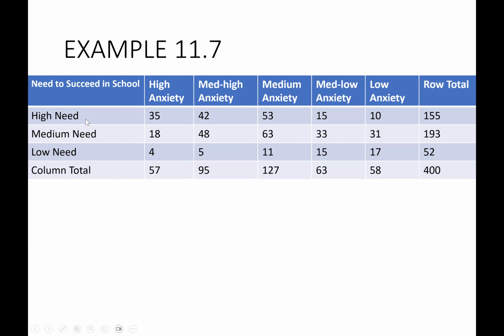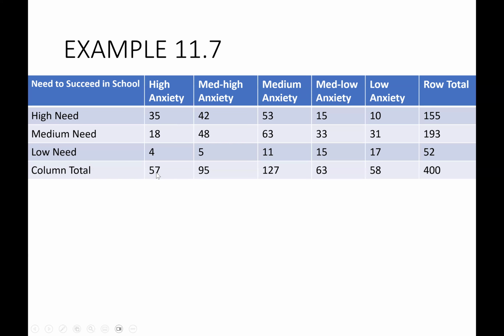It has 3 rows, 5 columns. So it's a 3 by 5. You put this data in one of your matrices. So you put what you observed. This is the observed values. And then in another matrix, you're going to put the expected values.